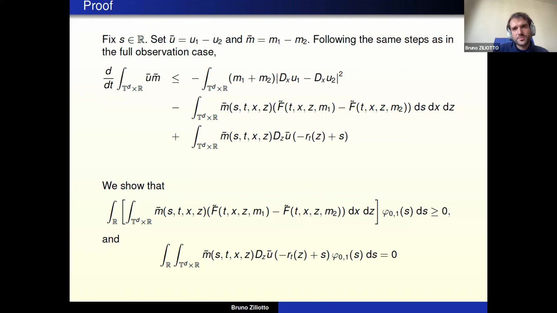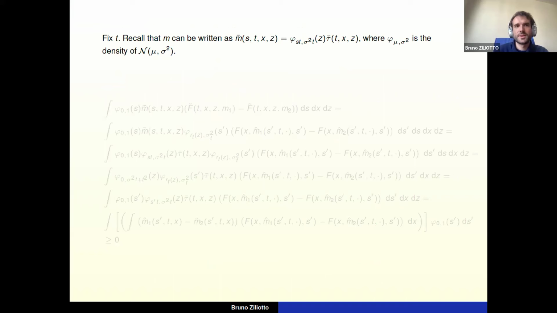The computation for the inequality and the computation for the equality of the third term are kind of similar. So I will only show how we get positivity of the first term. In the next slide, I will just consider the monotonicity term integrated over the signals and show how we prove it to be positive.